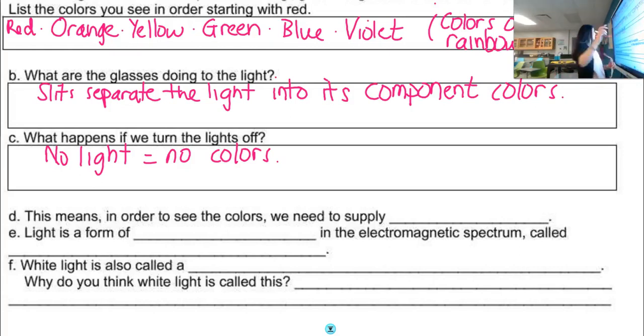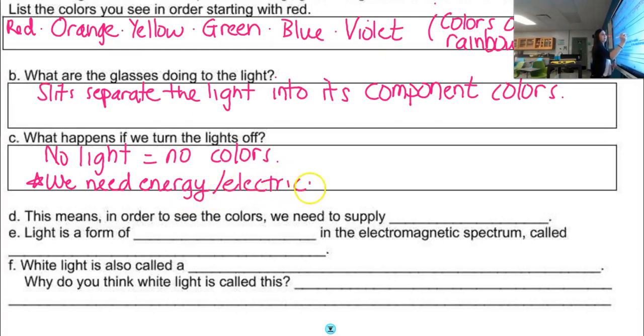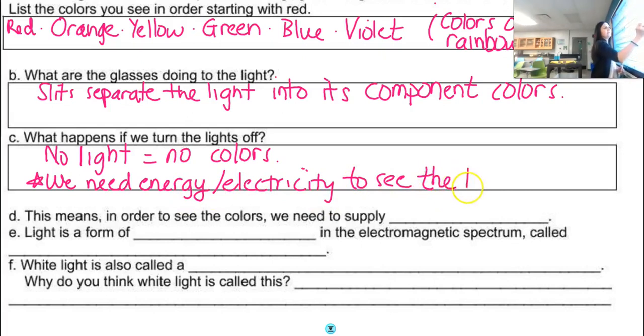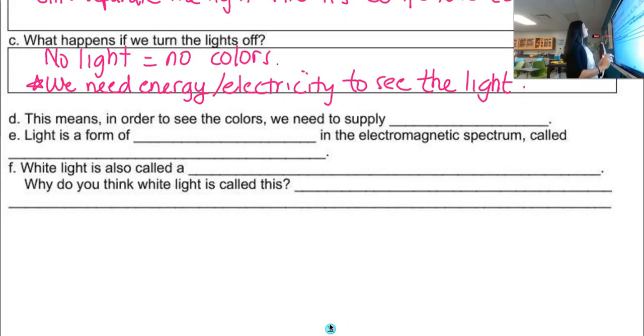We need electricity. So we need energy slash electricity to see the light. Okay, this means in order to see the colors, we need to supply, what did we say? Energy or electricity.